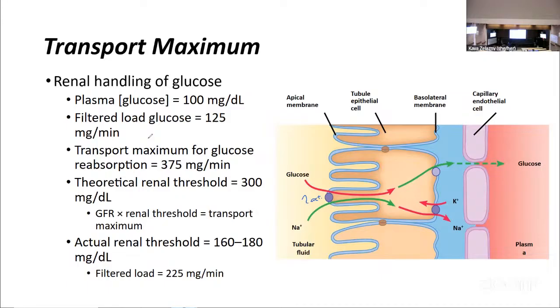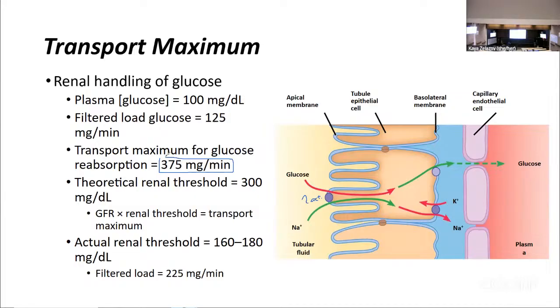Okay. So this is the amount of glucose we have headed into the proximal tubule under normal conditions. This process of taking glucose into our proximal tubule epithelial cells, the number of transporters or carriers that we have here can handle 375 milligrams per minute of glucose, right?